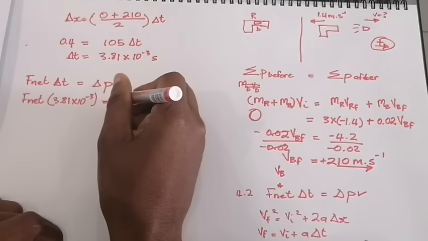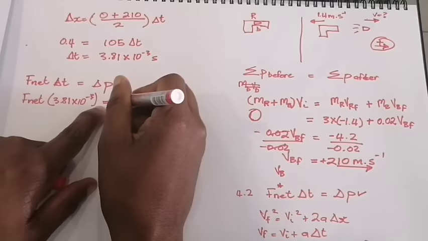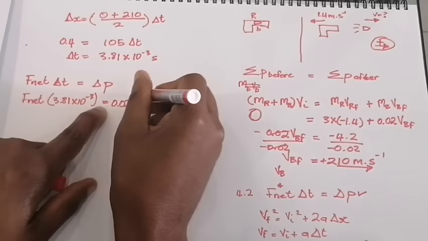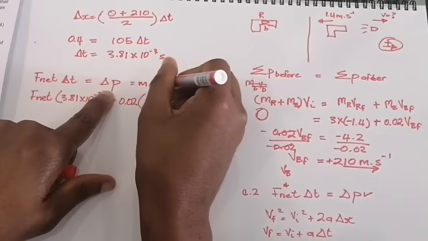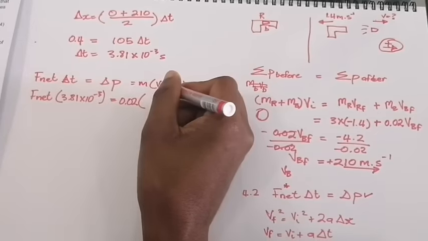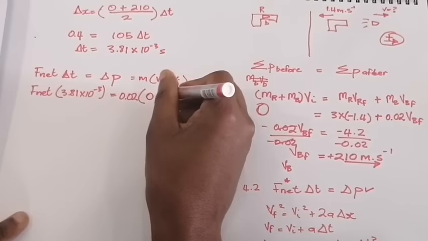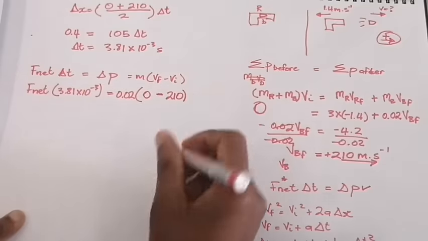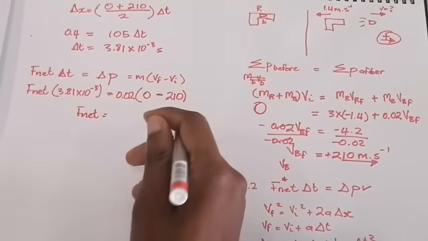We're simply going to say, what is the mass of my bullet? The mass of my bullet, remember, was 0.02. Now, change in momentum, please remember, is mass times final velocity minus initial velocity. My final velocity of the bullet was 0, and my initial velocity of the bullet was 210.